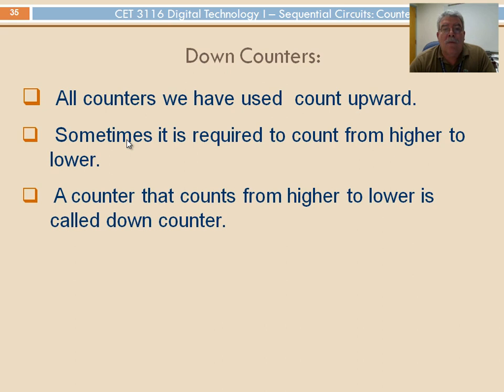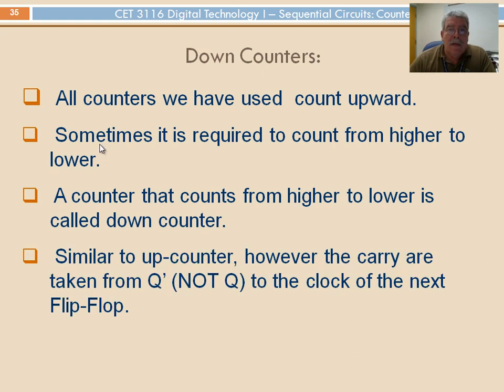In this case, we have a sequence that pretty much goes backwards. The trick, with the up counters in both cases, synchronous and asynchronous, is that the carry is taken from the Q naught.